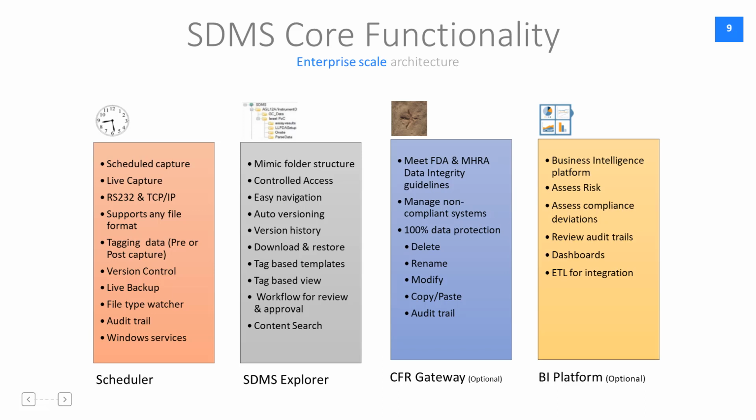All these things are conducted by different Windows services that Logilab SDMS runs on desktop computers. These Windows services are meant for uploading of data, downloading of data, restoring of data, as well as watching the file types. These Windows services are fully protected in terms of integrity. Even if any user stops these Windows services, it is also audit trailed by the SDMS system.